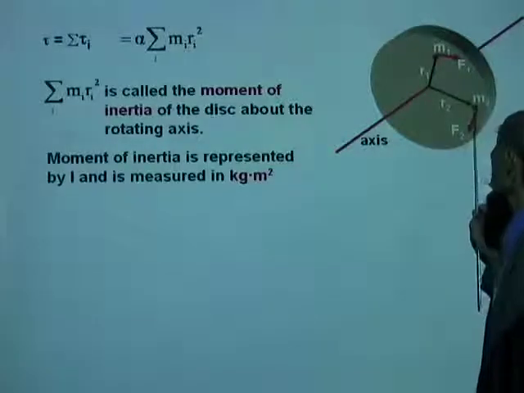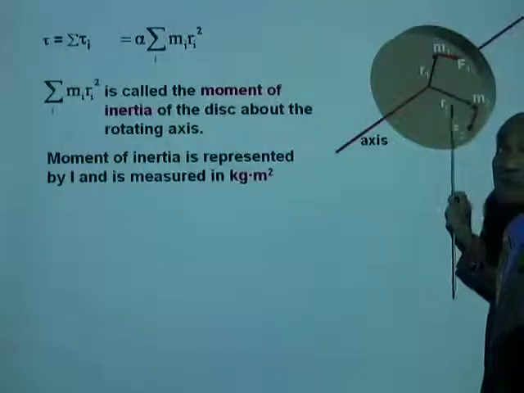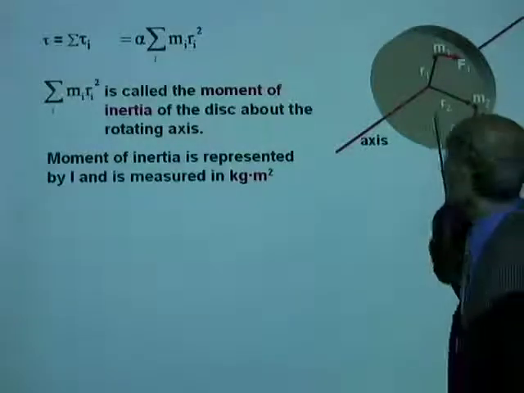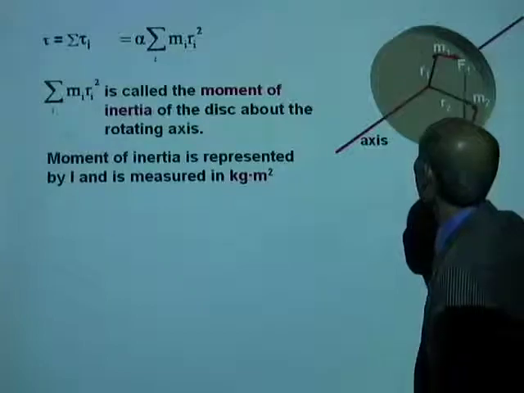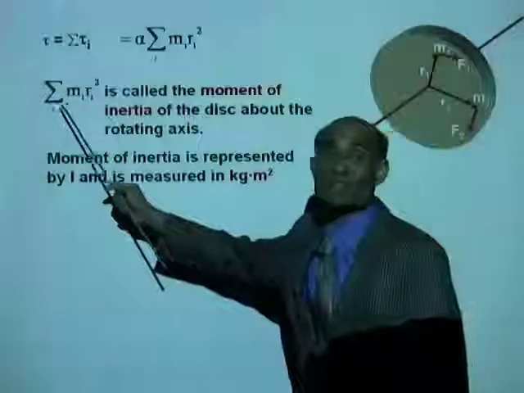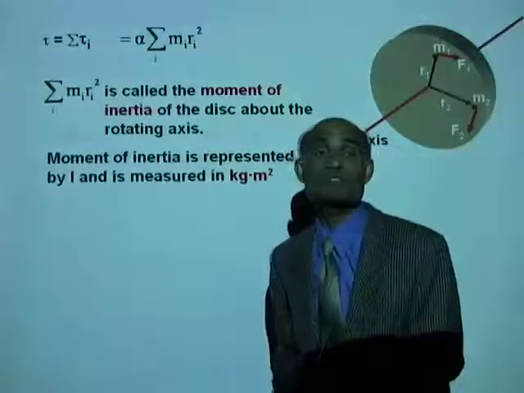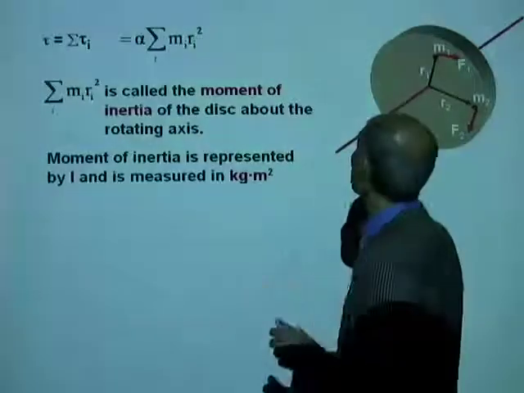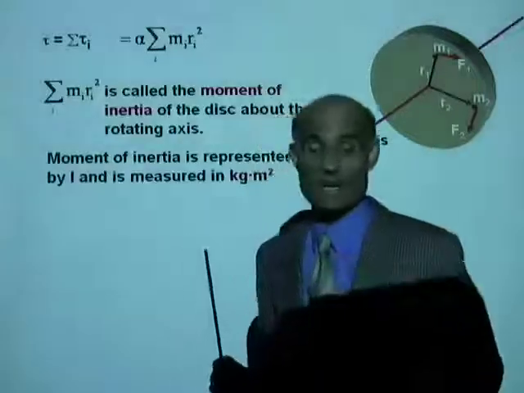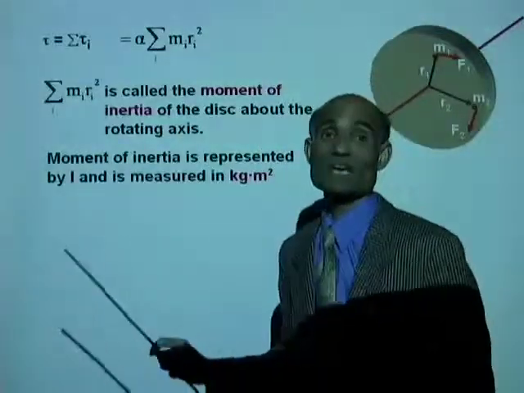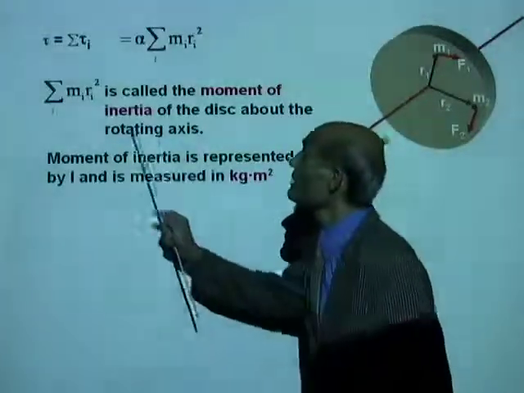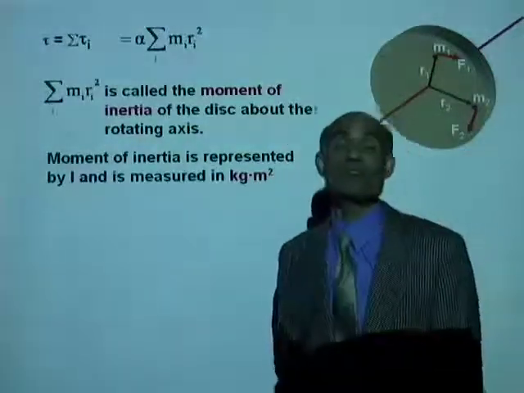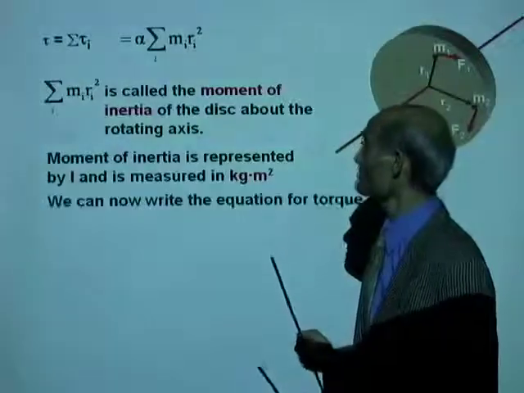The moment of inertia of this particle about that axis is m2 r2 squared. And add the moment of inertia of all such particles. That is what we call this. Summation mi ri squared is the moment of inertia of the disk about its axis of rotation, and look at this, kilogram meter squared is the unit of moment of inertia.